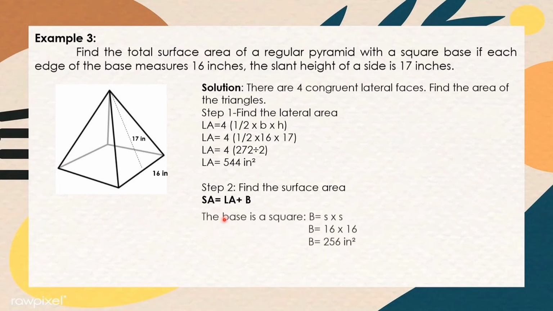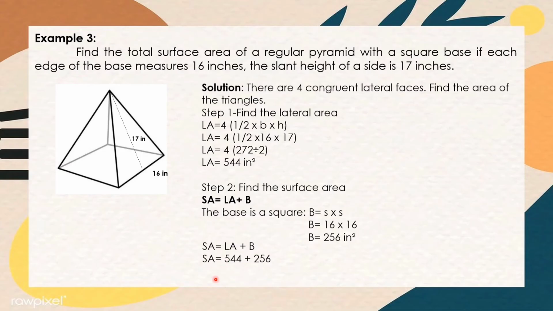So the base is 16 times 16, which is 256 square inches. Now let us add the lateral area and the base. So we have 544 plus 256. The answer will be 800 square inches.